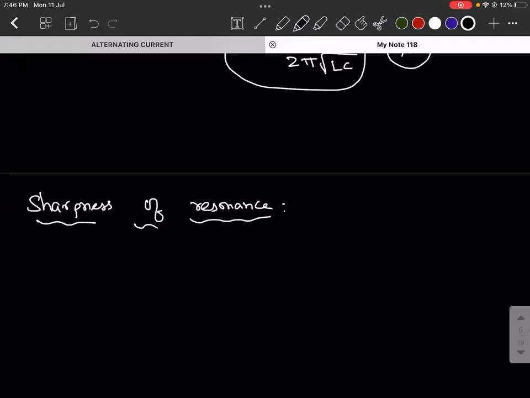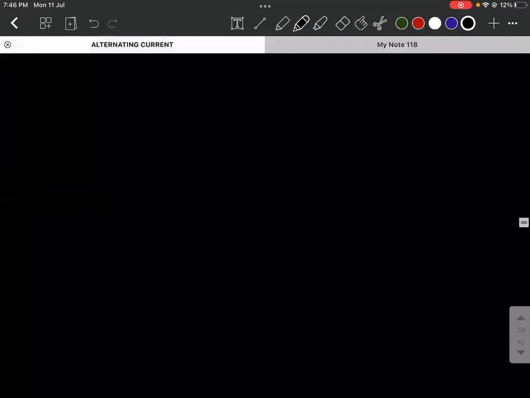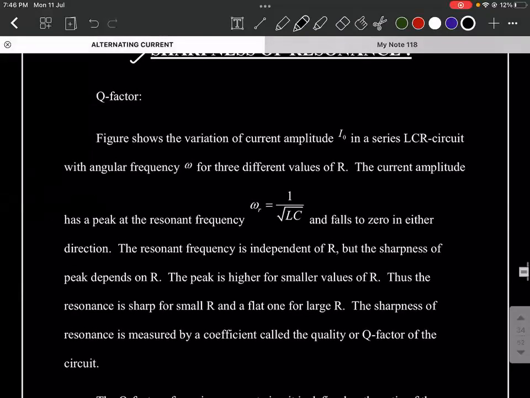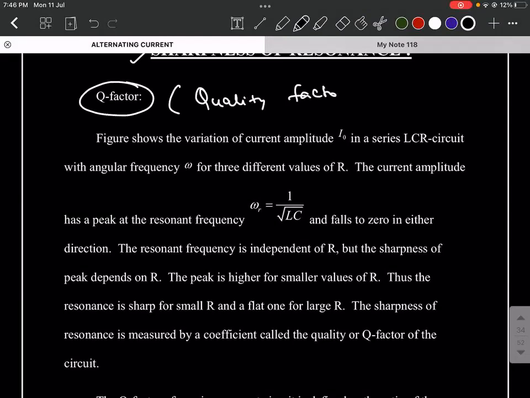So we'll proceed with this sharpness. For you to define sharpness, there is something called the Q factor, Q for quality. We call it the quality factor.